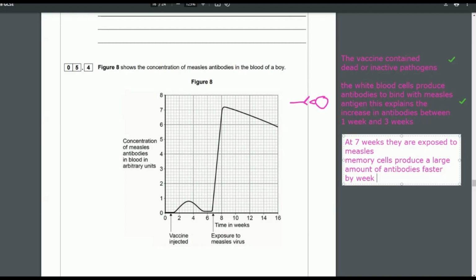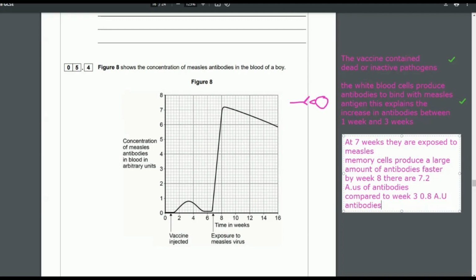By week 8, there are 7.2 arbitrary units, so AUs, of antibodies compared to week 3, where we've only got 0.8 AU of antibodies.